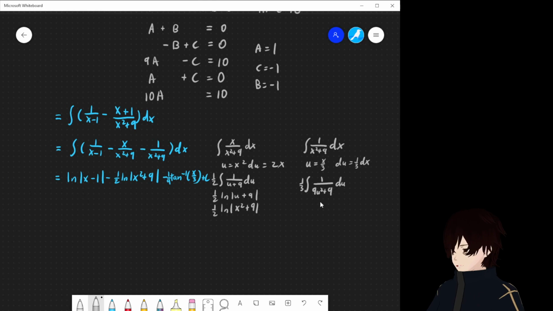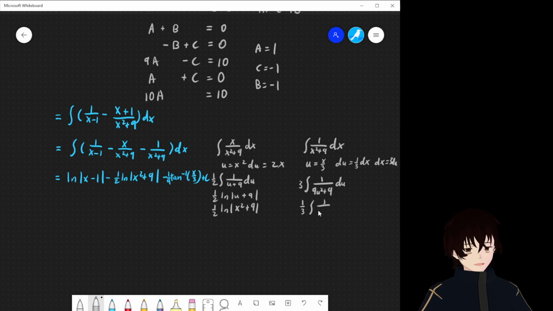Huh. Wait, oh. I know what's wrong. This is supposed to be 3 because dx is equal to 3 du. So that's a 3 and we take out a 9 here. Oh, that goes to 3 over 9, which is 1 over 3.